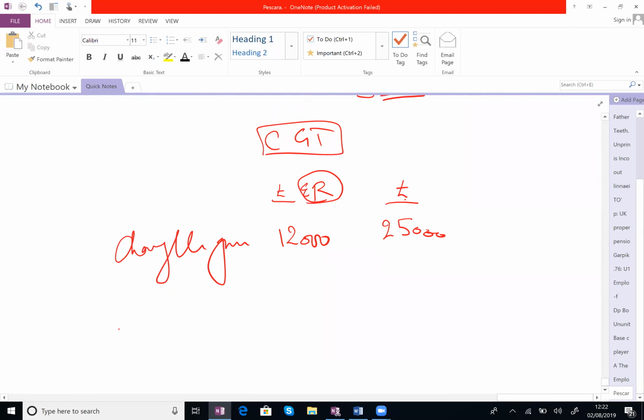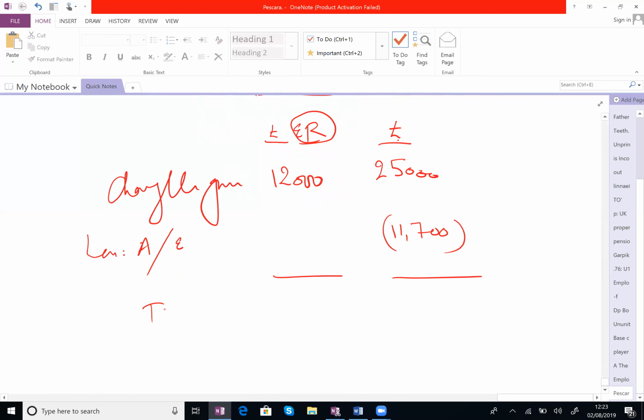Chargeable means before annual exemption, so you have to deduct the annual exemption first. From which gains? First from the non-entrepreneur gains, because the rate is higher there. So what is the taxable gain?